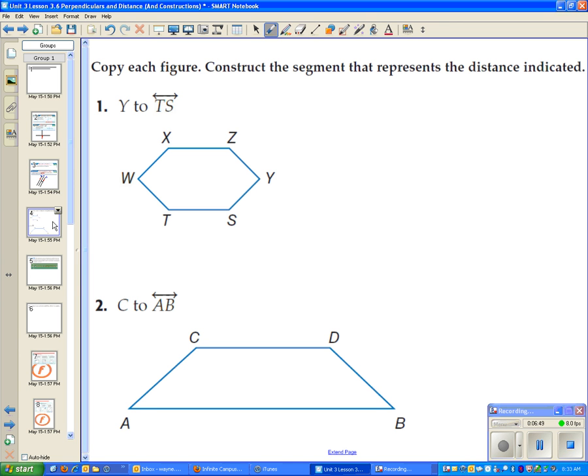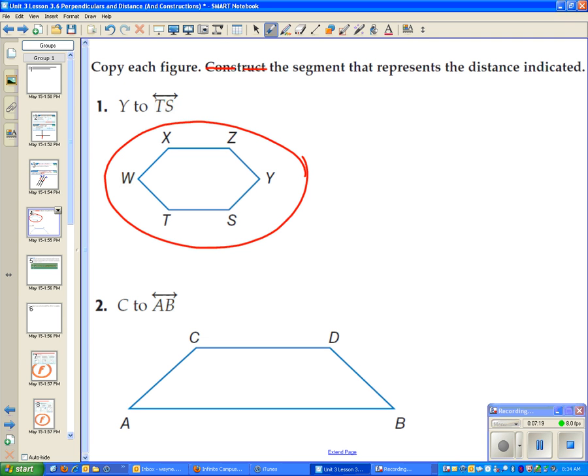All right, copy each figure. So, quickly, make a little sketch of this figure on your paper. Now, the directions say construct.